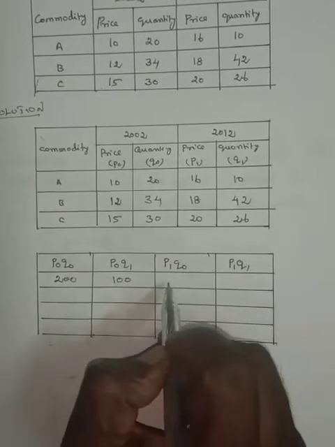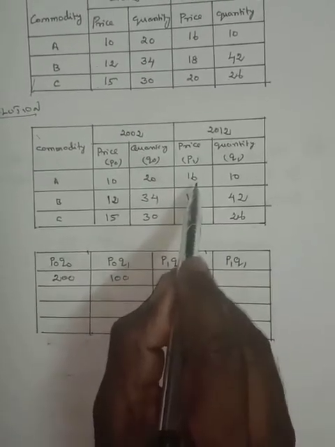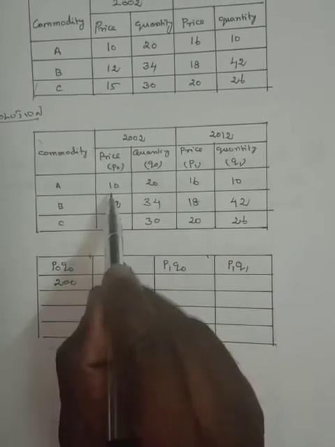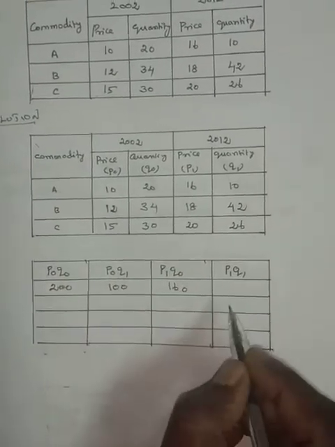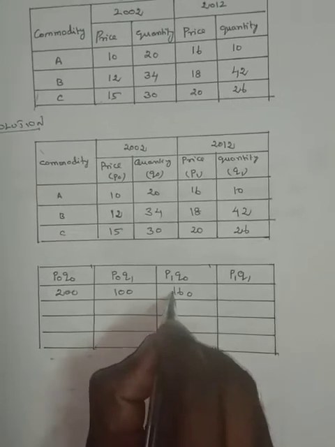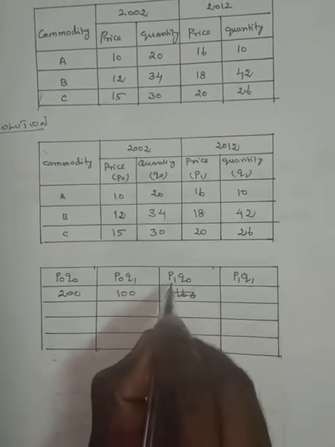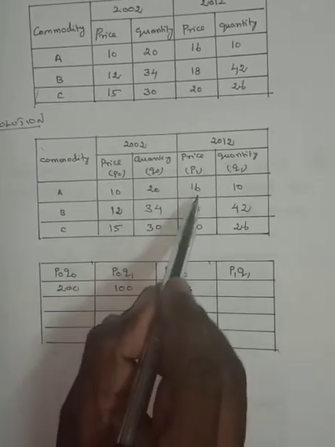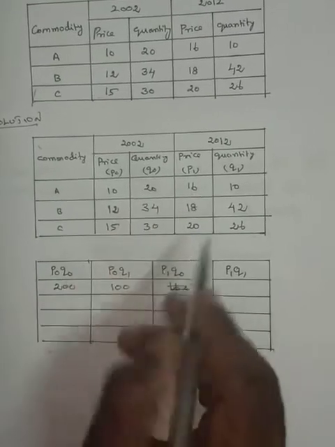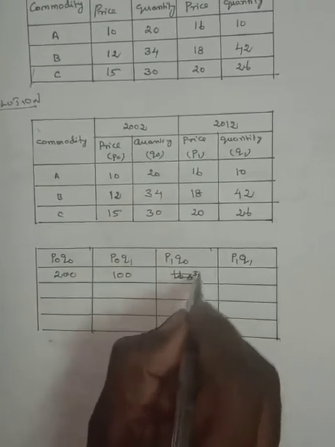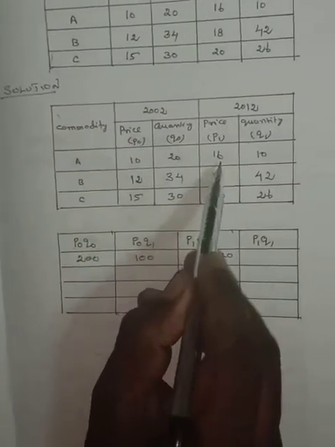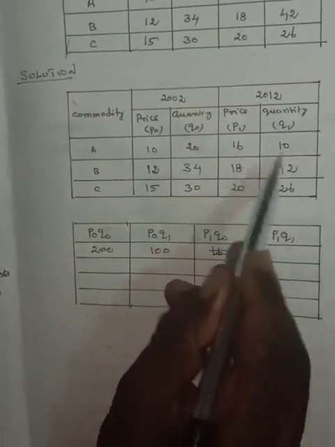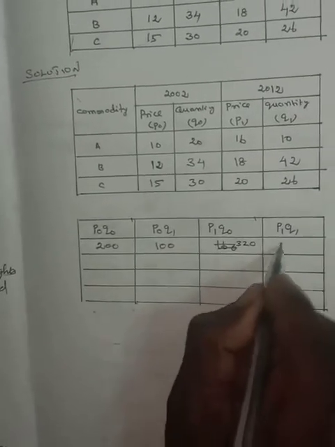Next, P1 Q0 is 320. Next, P1 Q1. P1 is 16, Q1 is 10, so 160.